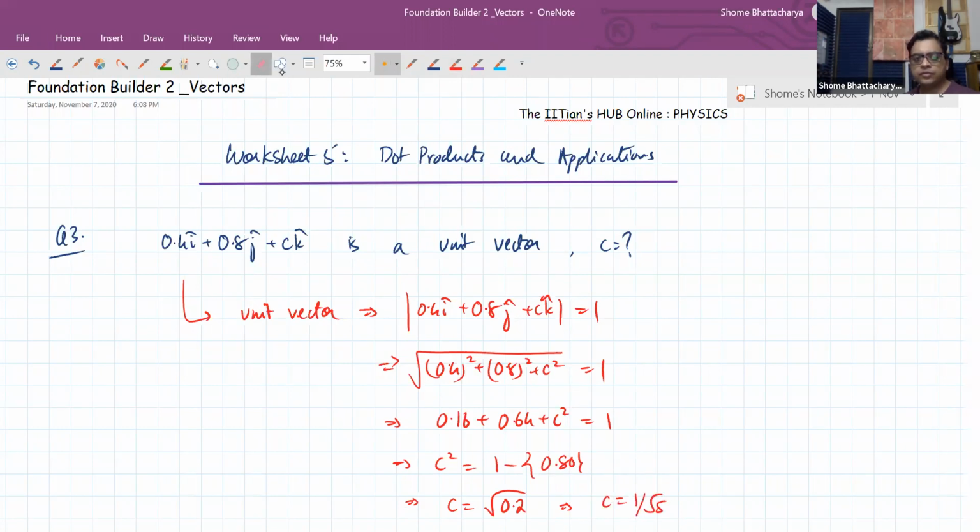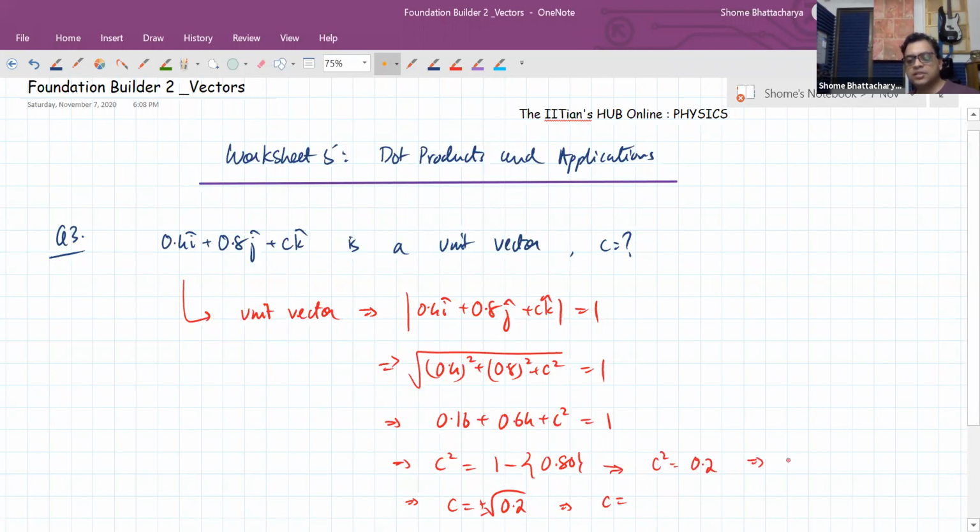One by root 5. In fact, so basically there are two possible options, because this is plus minus, because this is telling us that c square is 0.2.